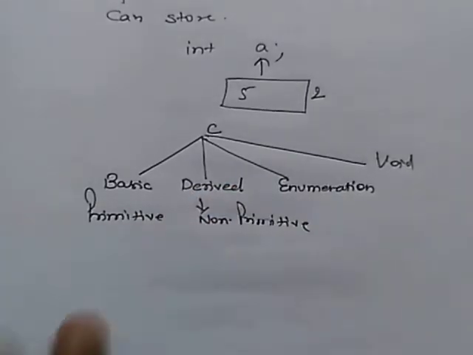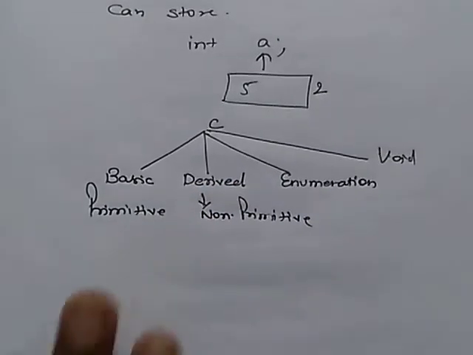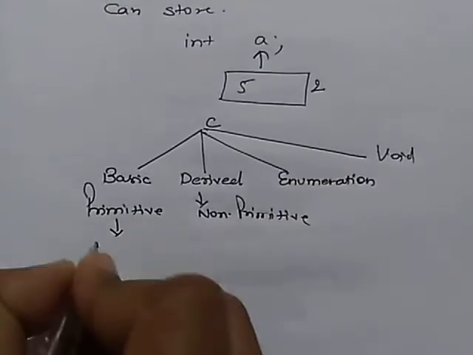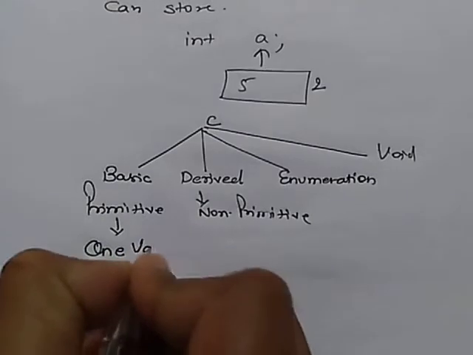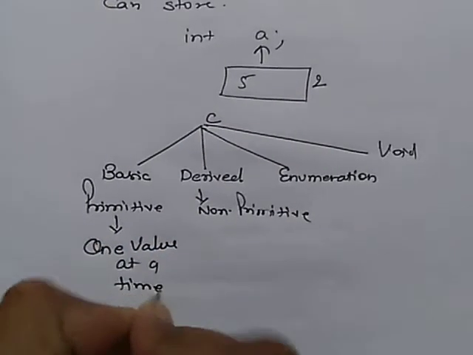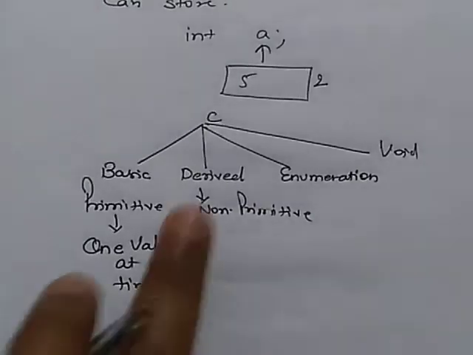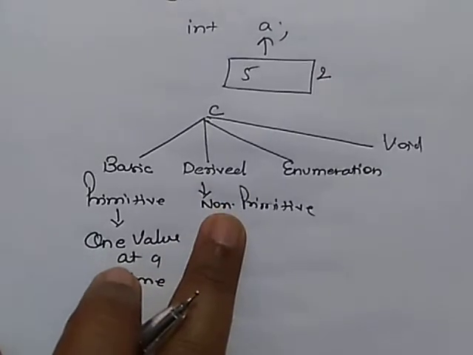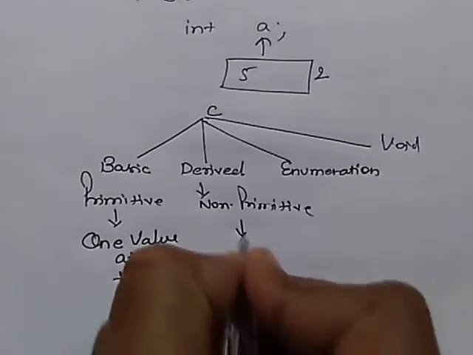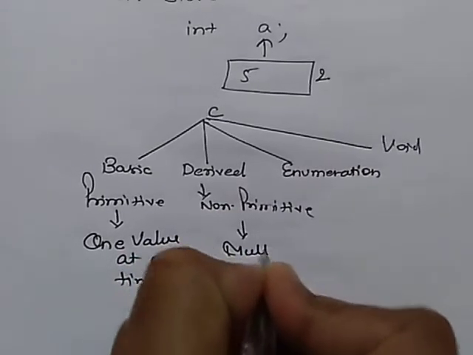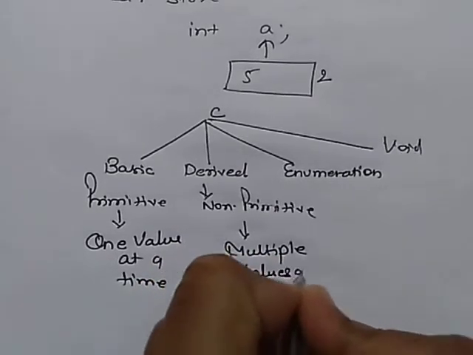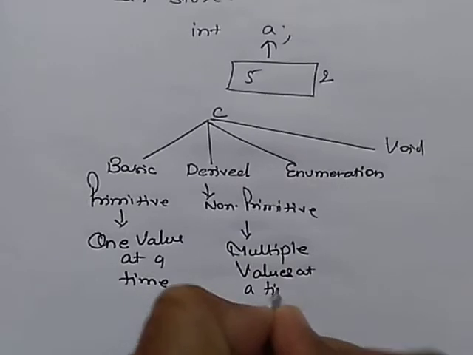Now primitive data types are the data types that can hold one value at a time. But derived data types or non-primitive data types are those data types that can hold multiple values at a time.